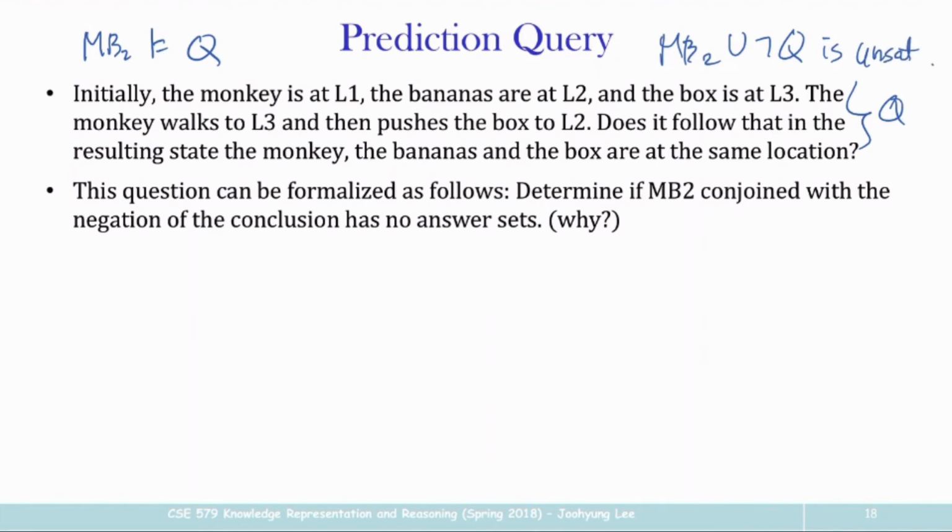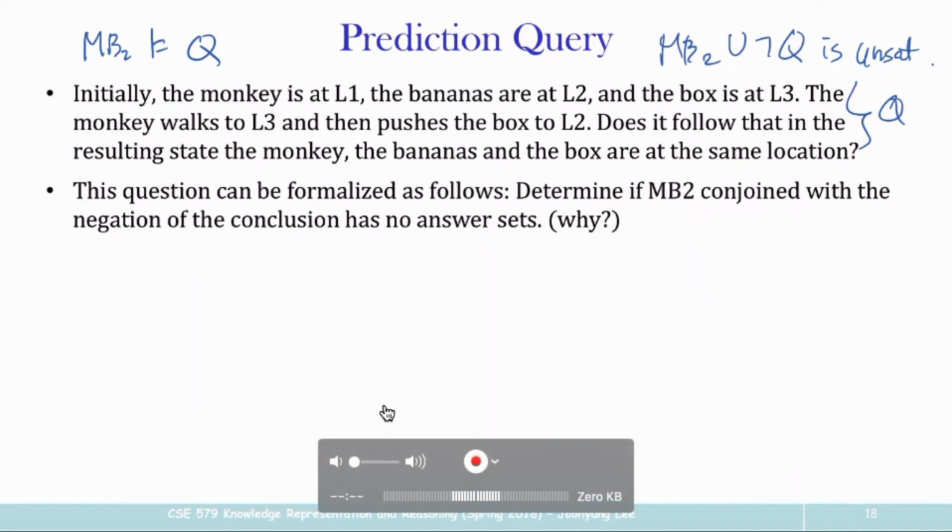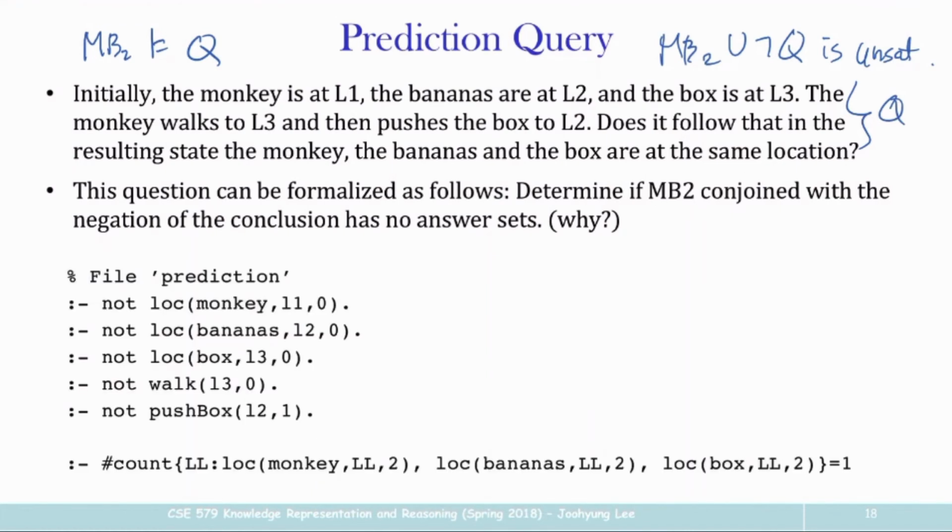Remember this? We did this a long time ago. It was about propositional logic, but the same concept applies to the stable model semantics. So what we are going to do is formalize it this way. In the prediction query, same as before, you give the conditions that you know. And here it's not only about the initial state.